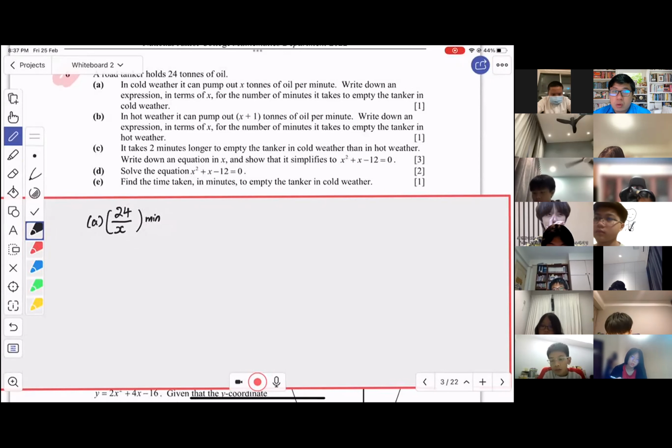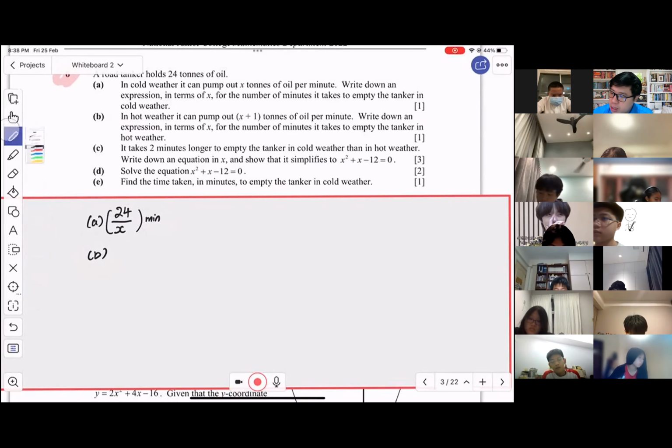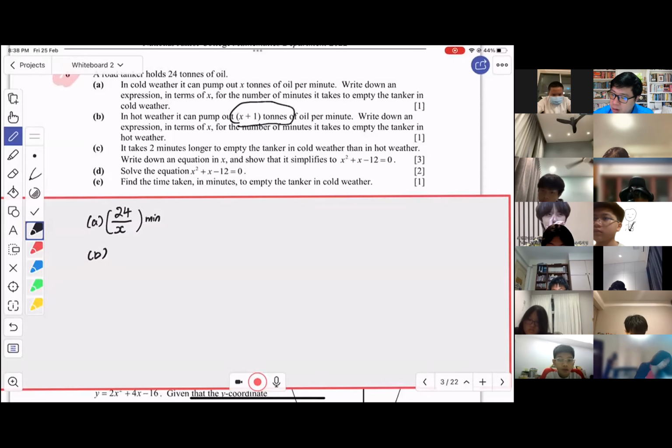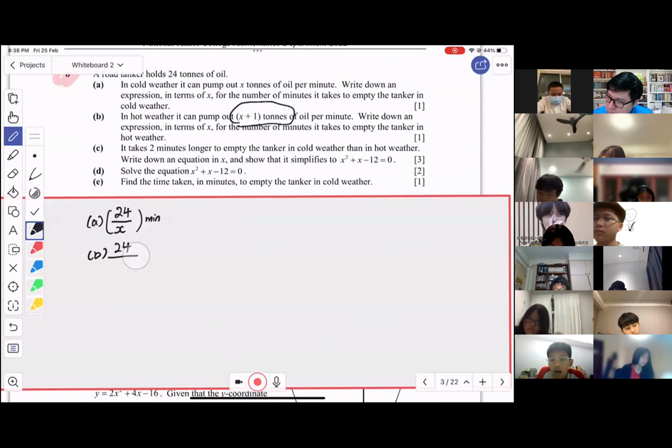Okay? So in hot weather, let's look at part B. Maybe because the metal tank expands, maybe because the outlet expands, it's a bigger hole and more oil can come out. So it pumps out x plus 1 tons, faster, maybe because the hose is bigger. So 24 divided by x plus 1 will be the amount of time it takes to empty in hot weather.